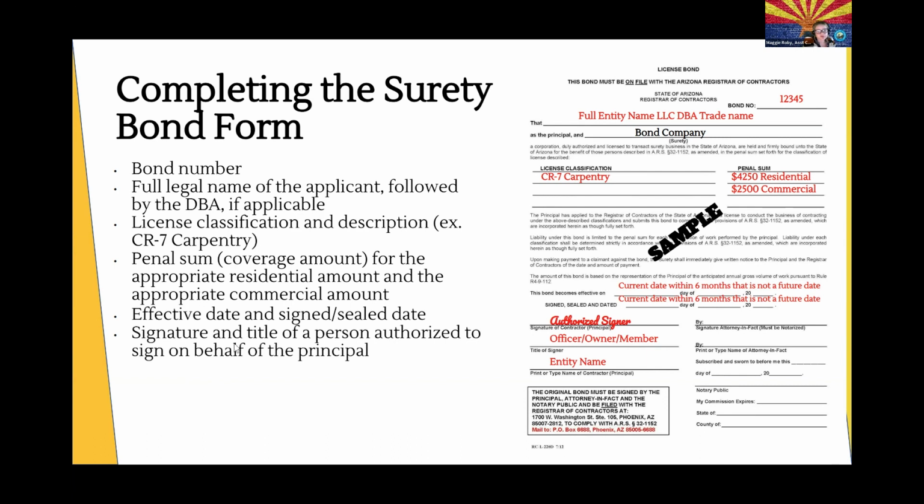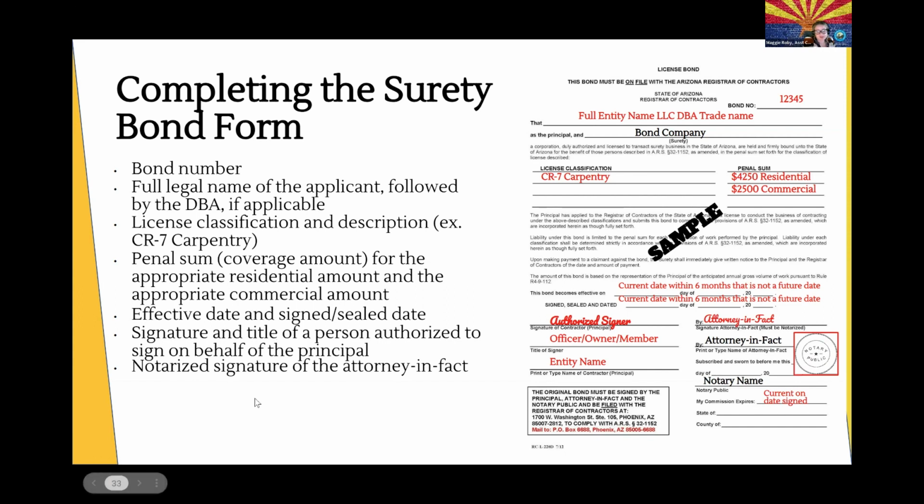On those dual licenses, we're looking for those penal sums to be divided out. We also want to make sure that your effective date is within 6 months, and we cannot approve an application that has a future date. Keep that in mind as well. If submitting a bond to us, you also need to make sure that it is notarized and has a bond company seal on it.